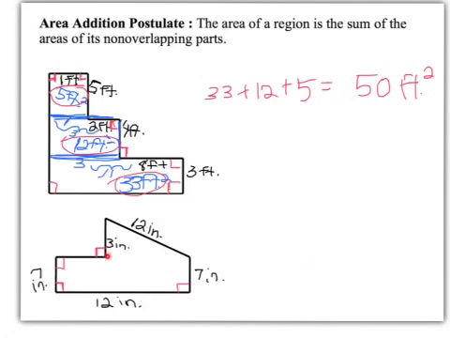In the next example, the easiest approach is going to be to cut it into a right triangle and a rectangle. So let's do that here. Now, if this is a right angle, then this must also be a right angle. So we have a right triangle here. We can use the Pythagorean theorem to find the missing edge.